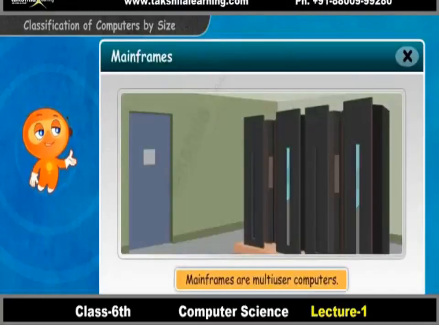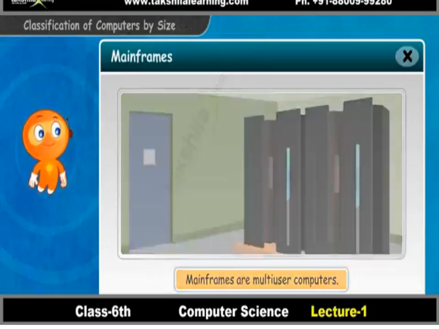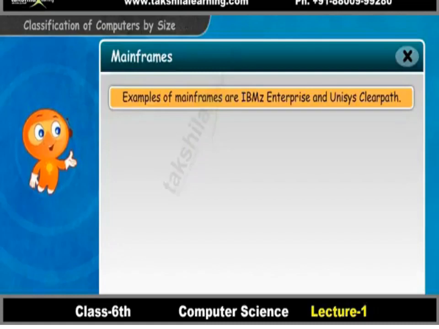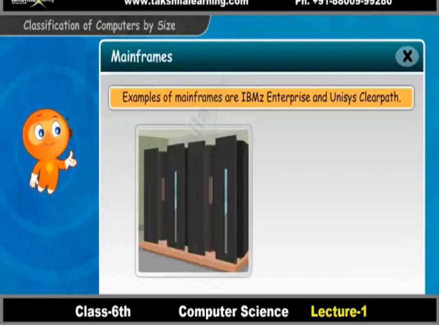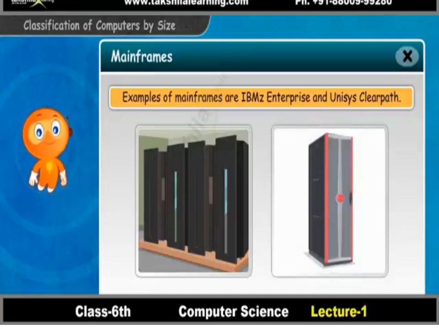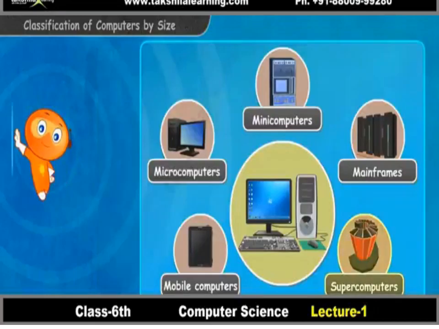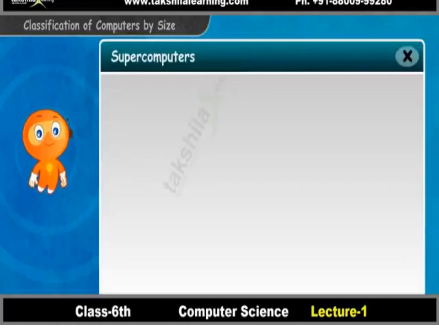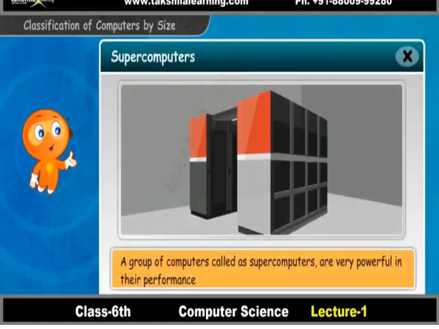Mainframes are multi-user computers. They perform bulk data processing in large organizations. They are large and expensive computers. Examples of mainframes are IBM Enterprise and Unisys ClearPath. A group of computers called supercomputers are very powerful in their performance.